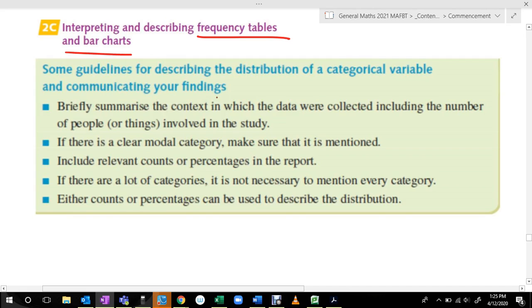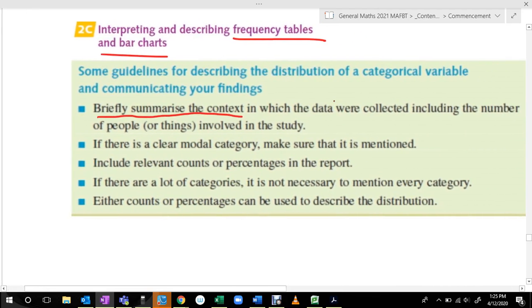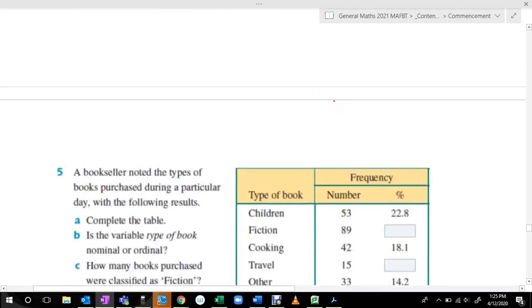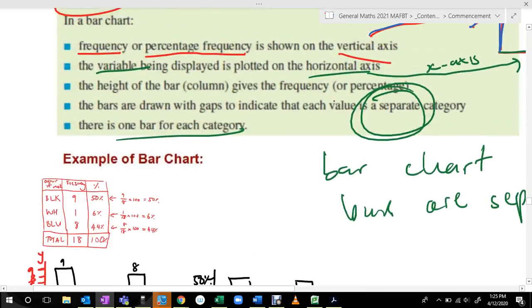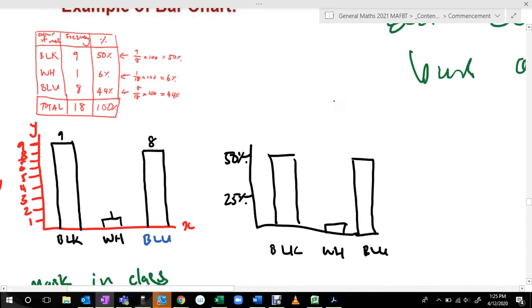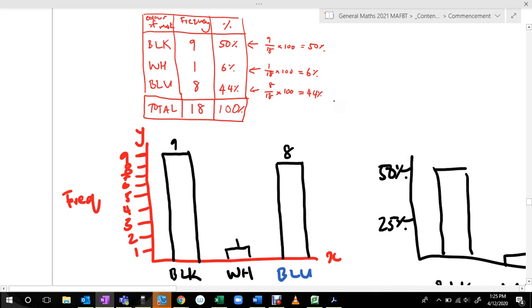Now in terms of interpreting, there's two parts that you need to talk about. This first part here where it says briefly summarize the context, all you're doing there is you're telling me what kind of data was collected. So if we go back to, say, for example, the bar chart we made for our masks, when we try to interpret this, you could say a number of students in Mr. Torres' class were recorded and we asked them about their masks.